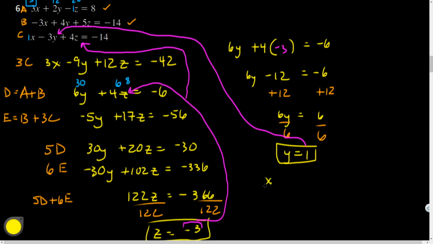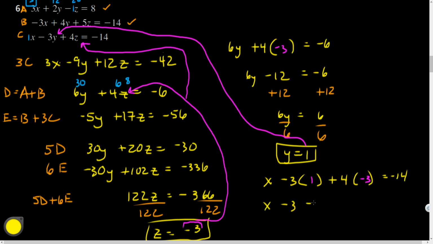All right, here we go, wrapping it up. x minus 3 times y plus 4 times z equals negative 14. And I got 1 for y, negative 3 for z.